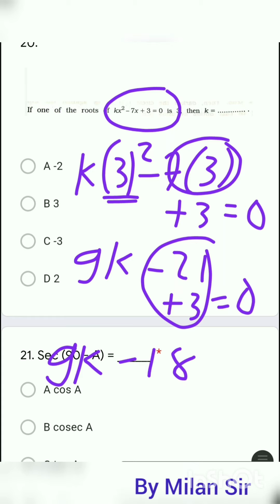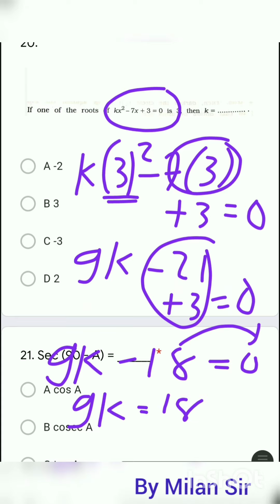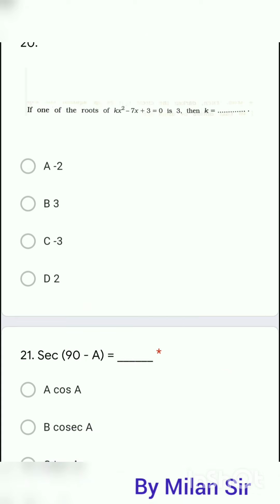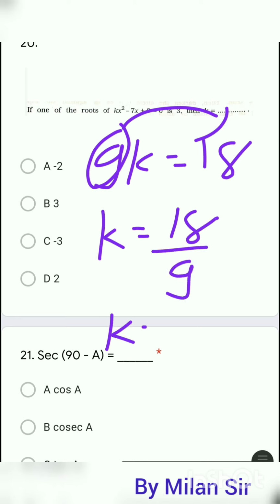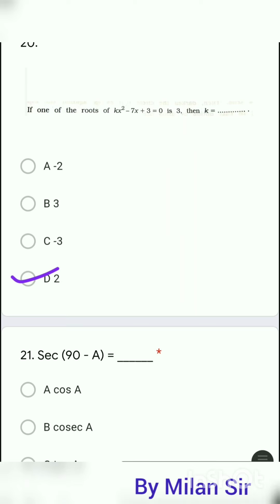Bigger number 21 has a negative sign, so negative sign, is equals to 0. Now transfer this 18 to the right hand side, so 9k is equals to plus 18. So 9k is equals to 18. Now for finding the value of k, transfer this 9 to the right hand side, it goes to the denominator, so 18 by 9, 9 twos are 18, so k is equals to 2. Here our answer k is equals to 2. Option D is the correct answer.